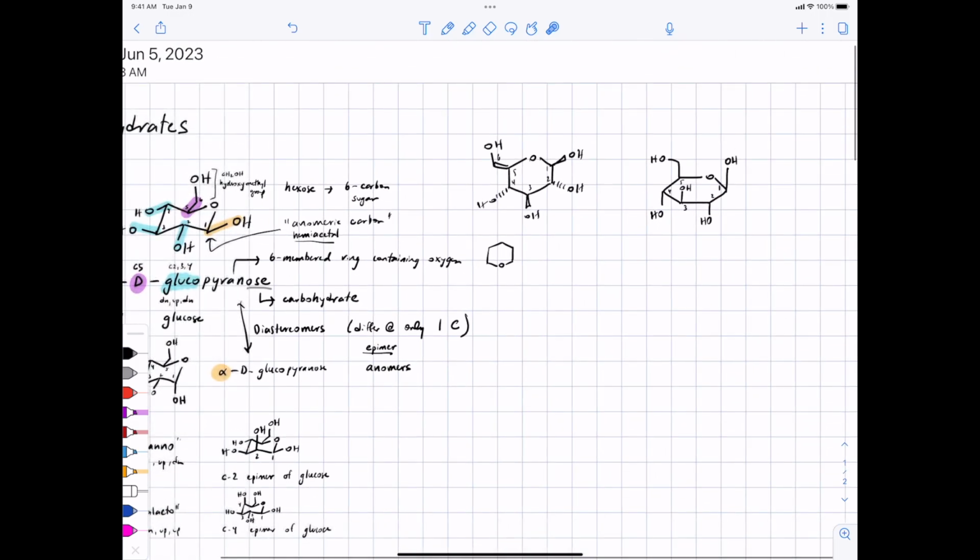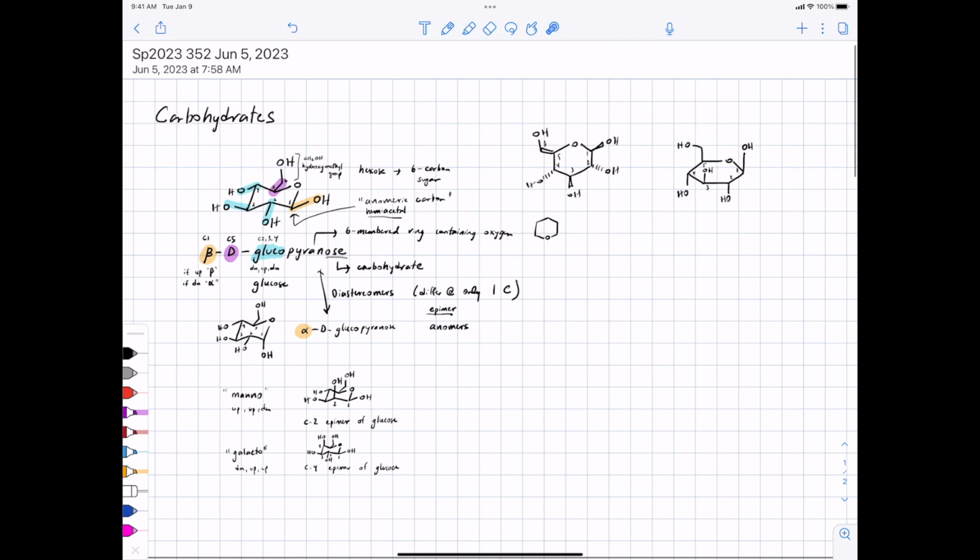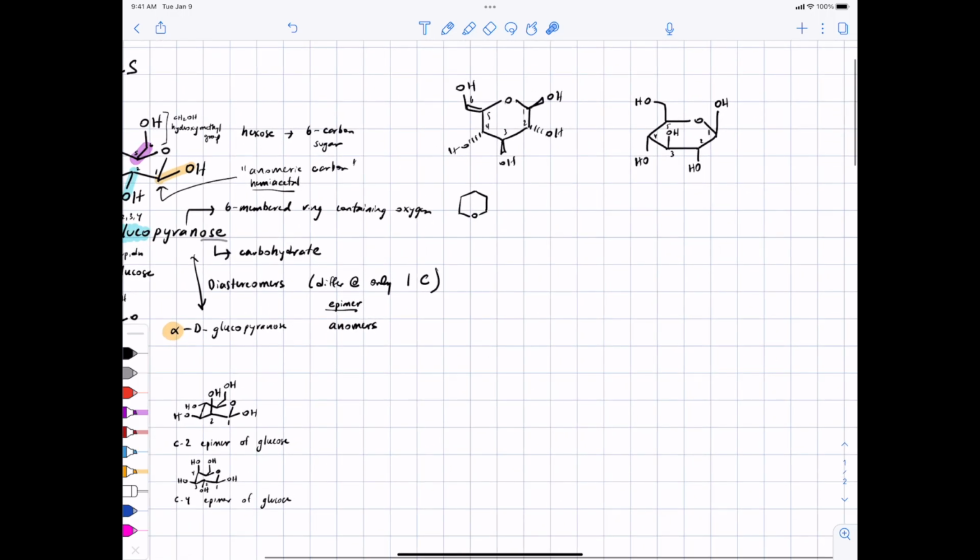The first thing you need to know about a Fischer projection of a carbohydrate is that it's not about the cyclic form, it's about the linear form. The cyclic form is the form that dominates under regular conditions in solution. The Fischer projection showing the linear form of glucose is mostly about keeping track of stereochemistry, but you have to know what you're doing for it to be useful.